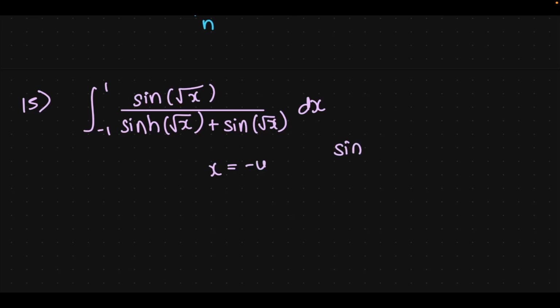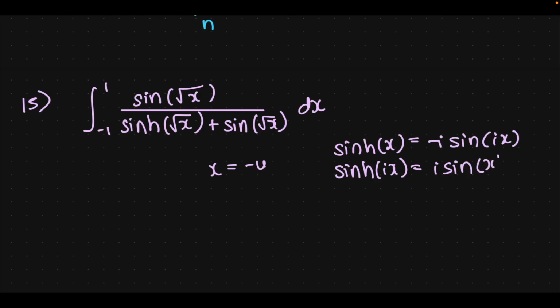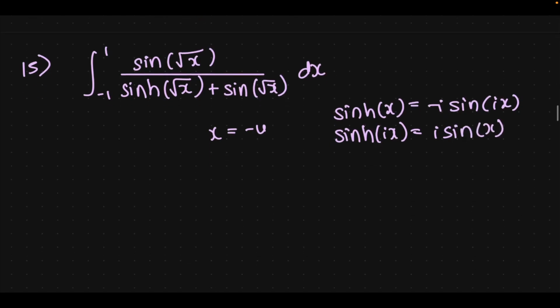noticing that sinh of x is minus i sine of ix, and sinh of ix is i sine x. When we do that, from minus 1 to 1, we get sine of square root of minus u.